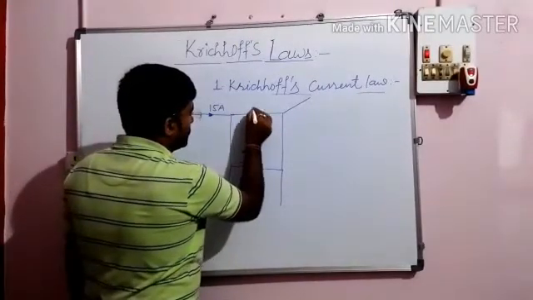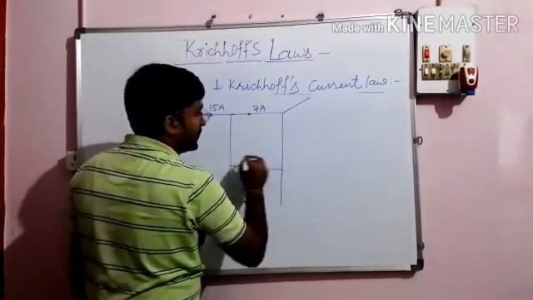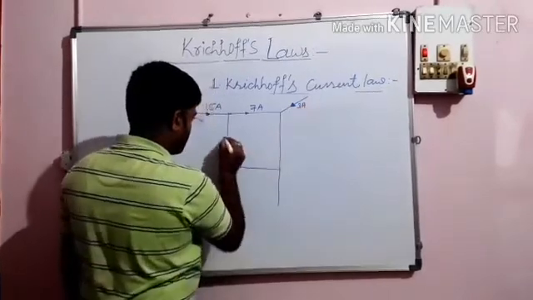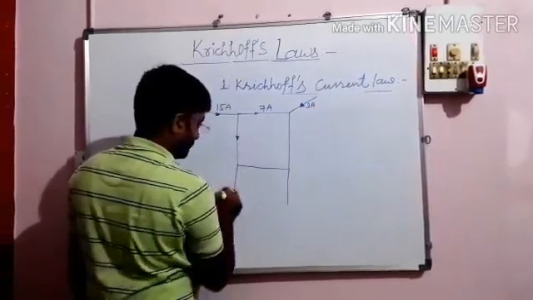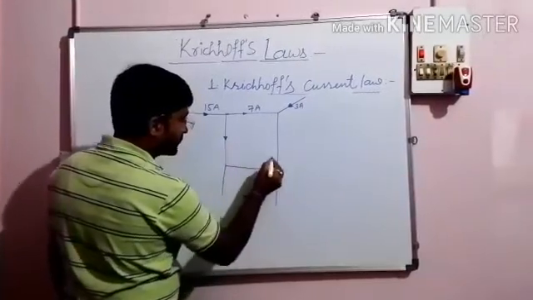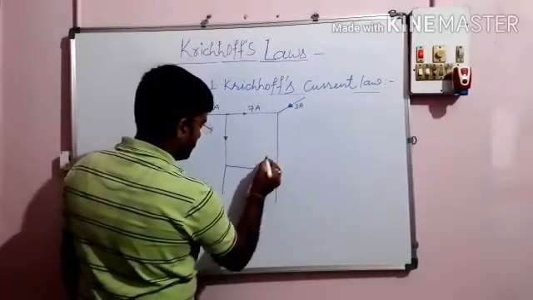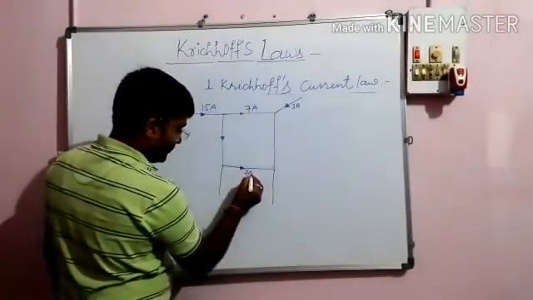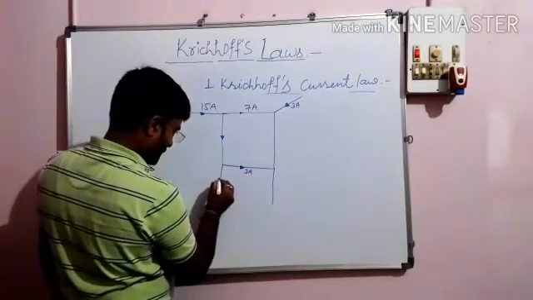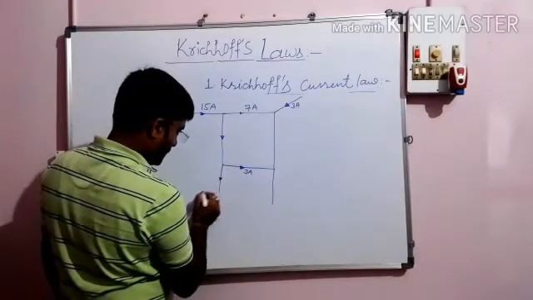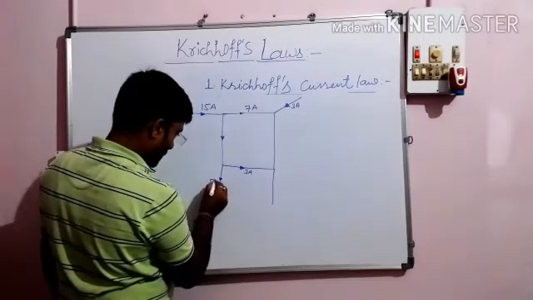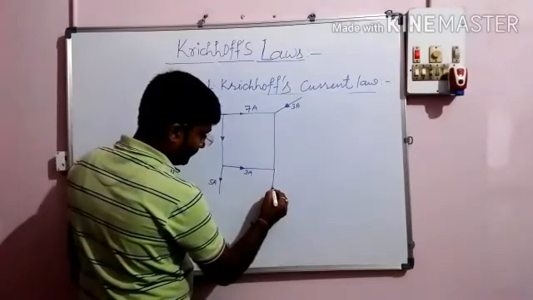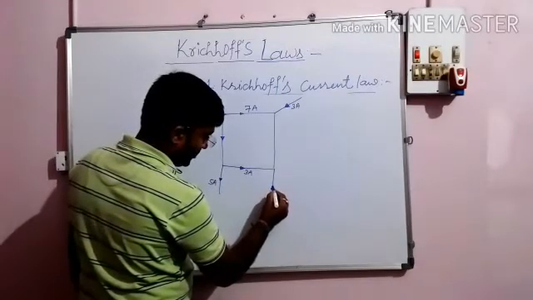And here there is a current of 7 ampere. And here there is a current of 3 ampere. Here there is a current of 3 ampere, and in this arm there is a current of 5 ampere. Suppose we have to find the current in these arms.